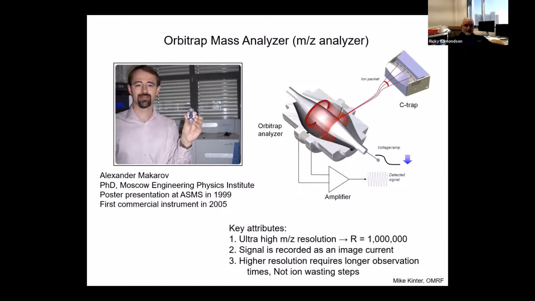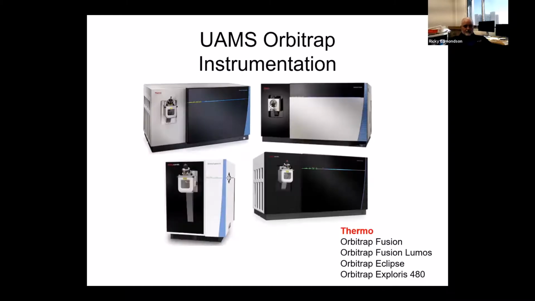So you can get down to really measuring single ions. This is amazing, considering the first scientific presentation happened in 1999, and they had a commercial instrument in 2005. That's lightning quick for an invention, and then getting it in the hands of users.